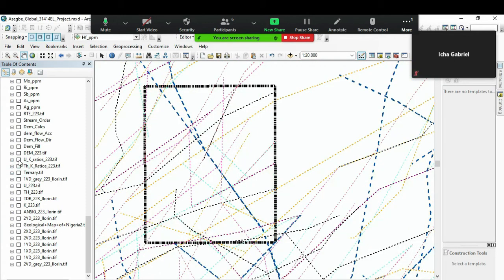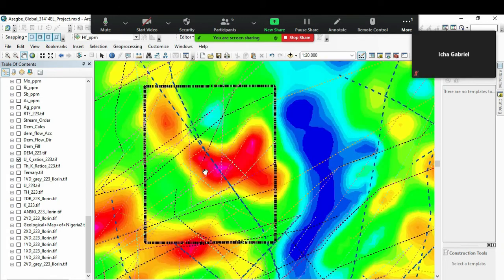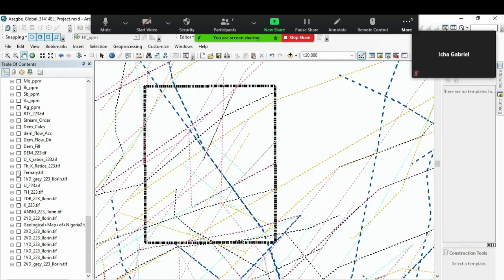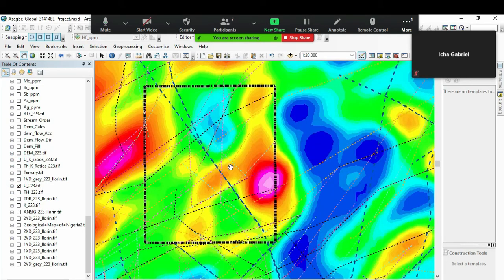And if you use uranium, potassium, you can see also an elevated value. So definitely that will tell you that there is something happening here in terms of alteration. But you couldn't have gotten that from single uranium concentration or single potassium concentration. That is what we did before. You see, that is uranium concentration.